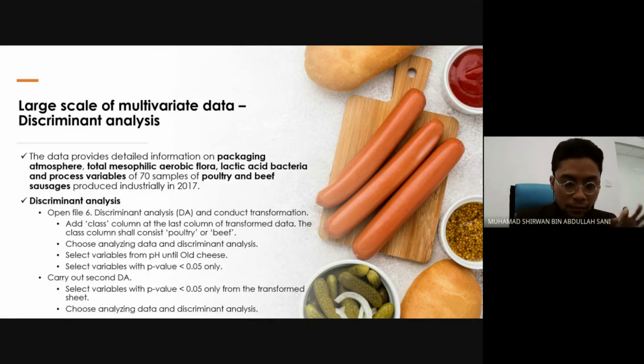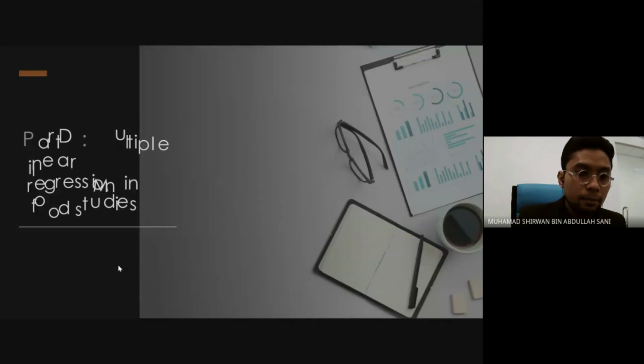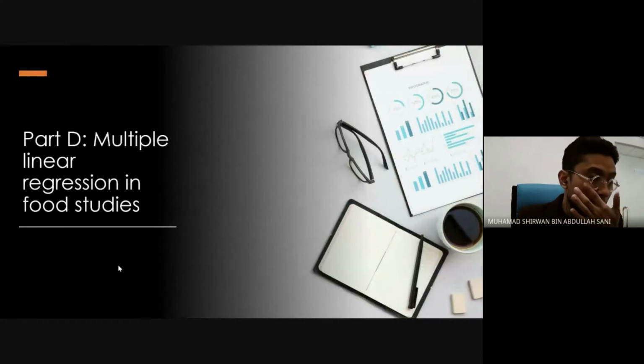If we can get 100% classification in training and cross-validation data set, that indicates you have established a model. And the variables that you have, and the samples themselves, shall be kept as your database.